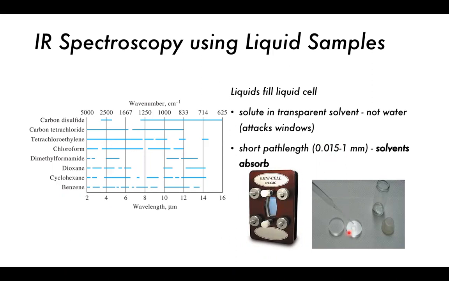We can also do it this way, where we sandwich it between two discs. There's a drop of our liquid sample, put this on top of this and then sandwich them together. Here are some solvents which we can use depending on the wavelength that we want. These are all solvents which can be used with sodium chloride windows because they do not dissolve the sodium chloride.